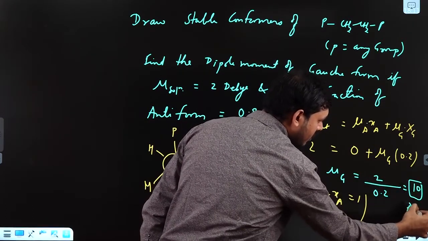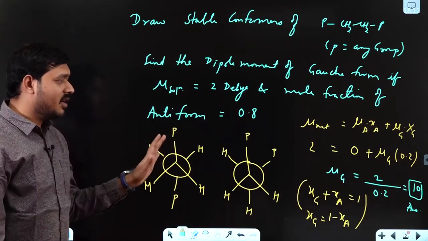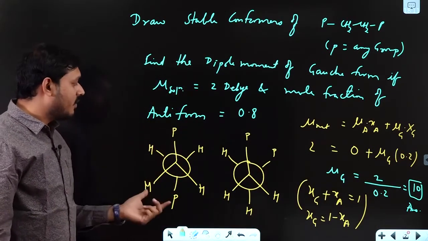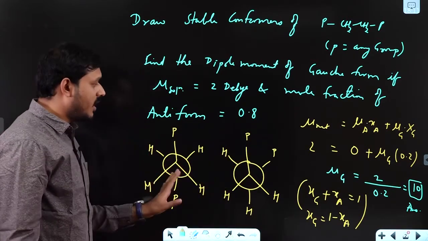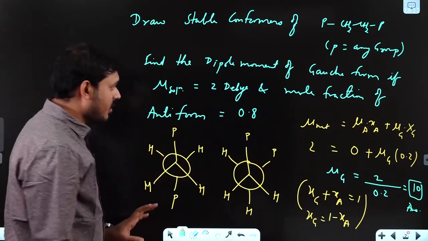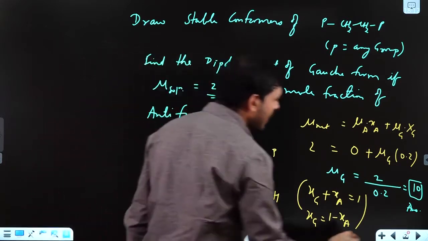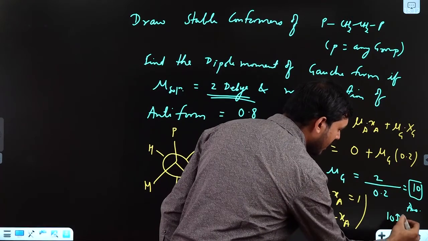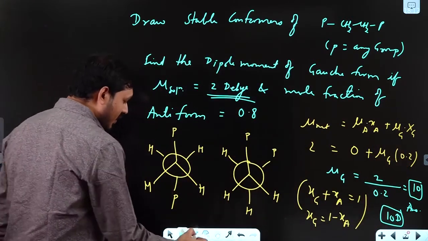This is your answer. Okay, so from the given data you can say that the dipole moment of this gauche form will be 10 D. Okay, the unit for dipole moment is Debye, so it is 10 D. Answer clear? Okay, so let's now continue with our next topic.